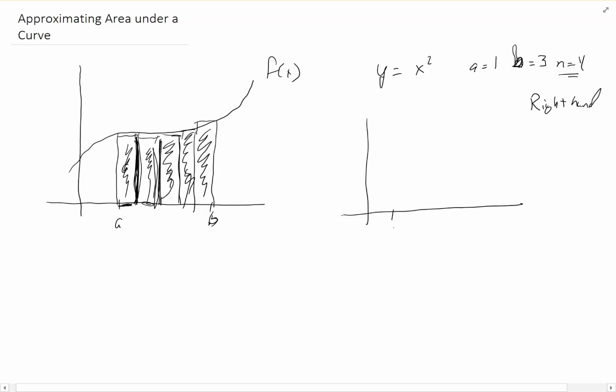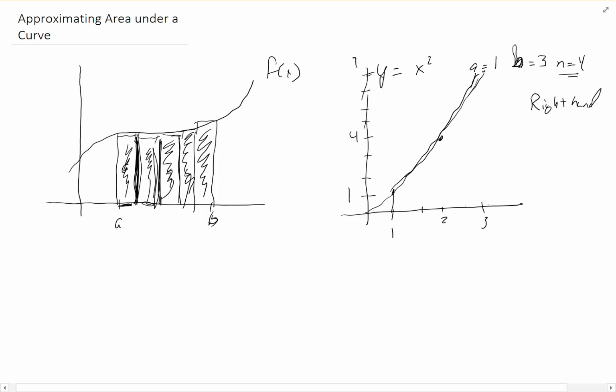When x is equal to 1, y is equal to 1, that's the point (1, 1). When x is equal to 2, y is equal to 4. And when x is equal to 3, y is up here at 9, way up here, and we get that nice curve shape going like that.